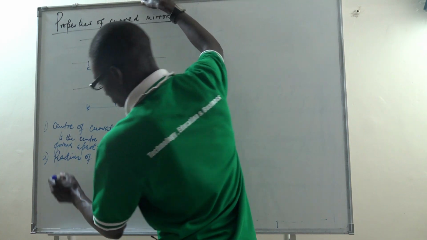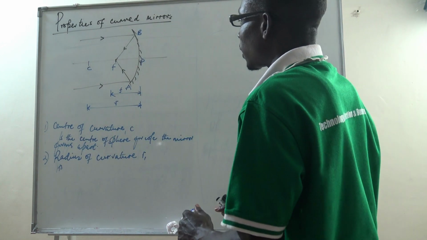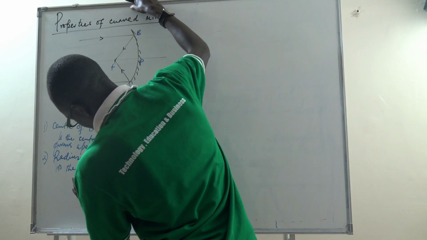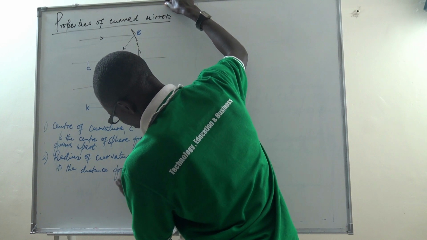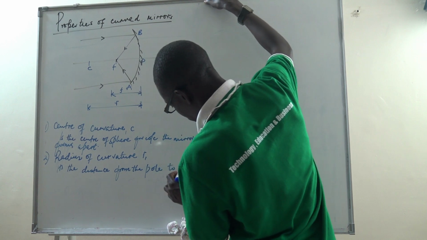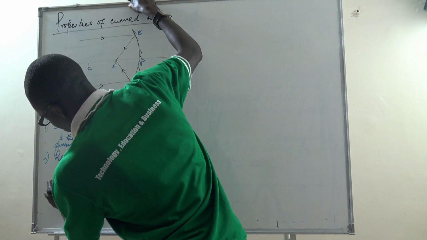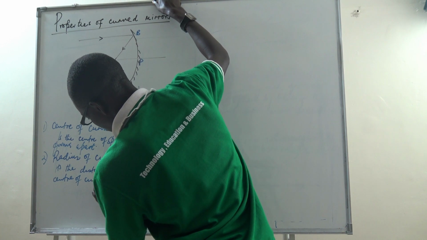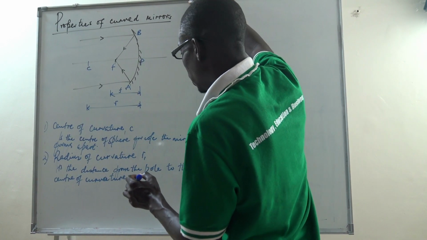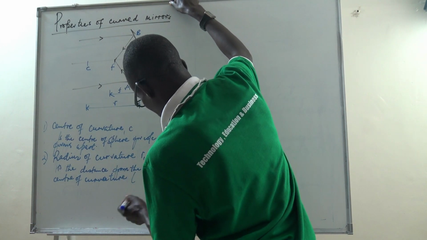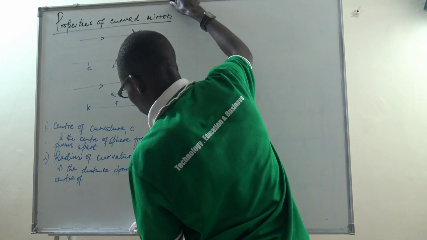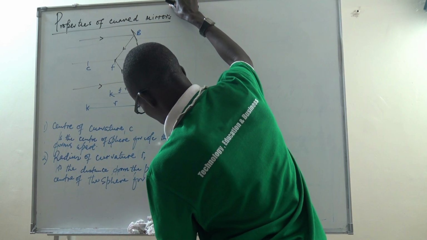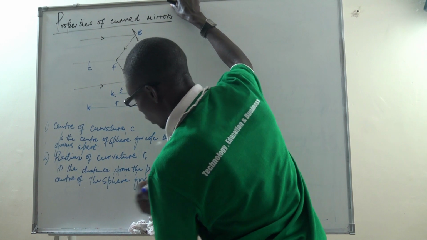We can also say it is the distance from the pole to the center of curvature, or in brackets, to the center of the sphere for which the mirror forms a part.